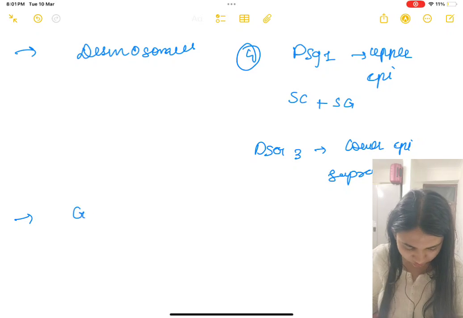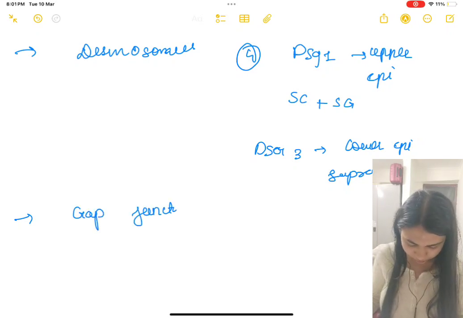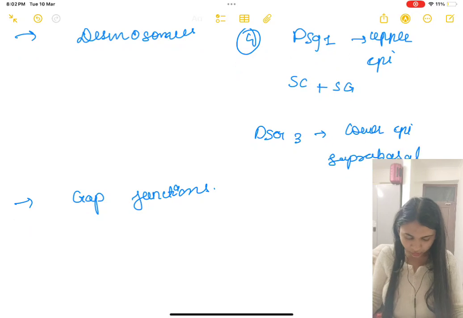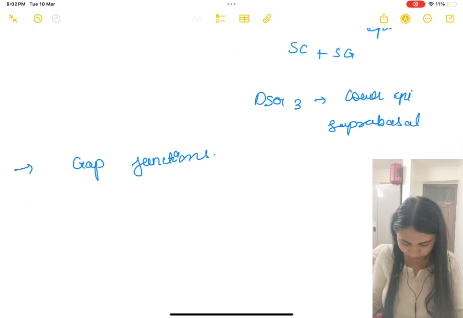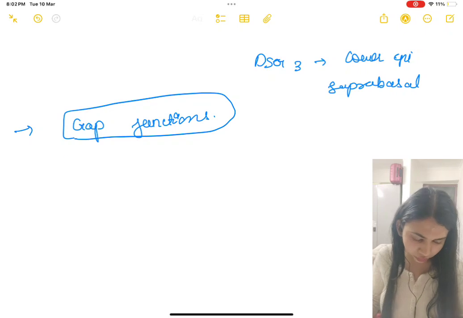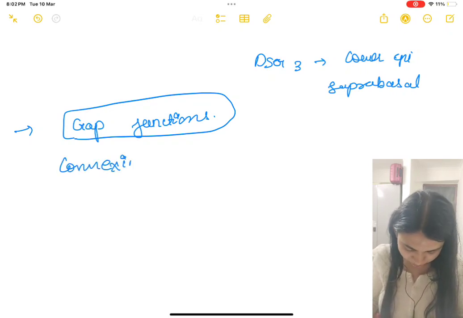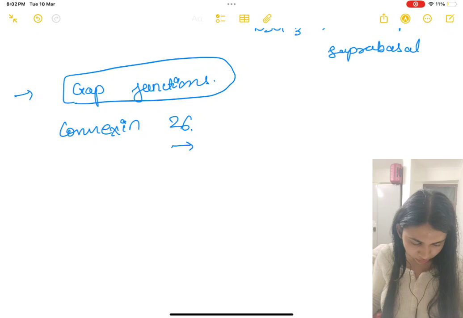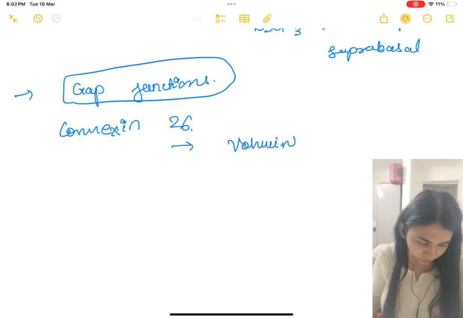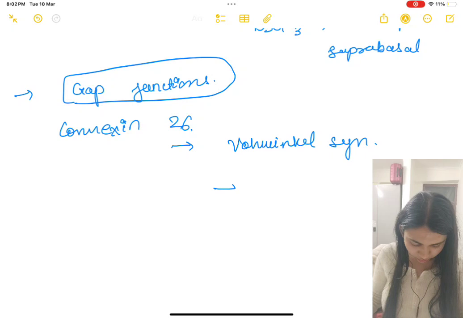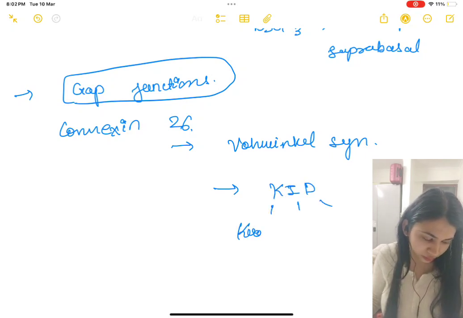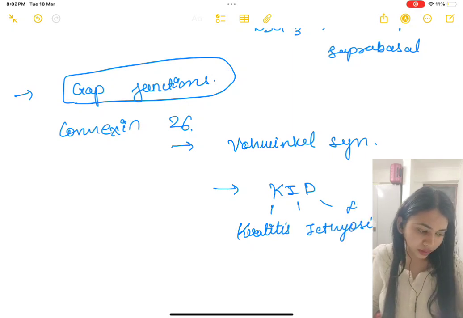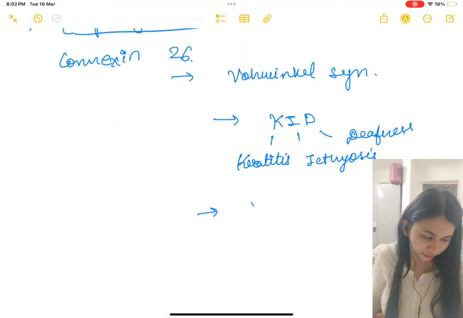Then you have gap junctions in stratum spinosum. Gap junctions are more abundant in stratum spinosum compared with stratum basale. Certain disorders are associated with them. Connexin 26 defects cause Vohwinkel syndrome, KID syndrome, which is keratitis, ichthyosis and deafness, and palmoplantar keratoderma with deafness.